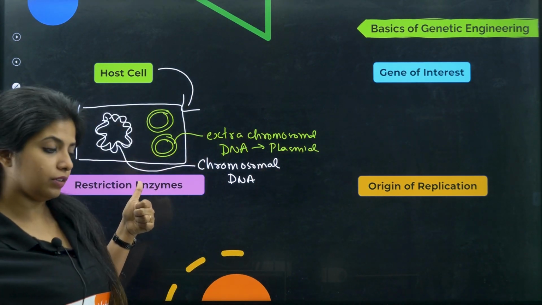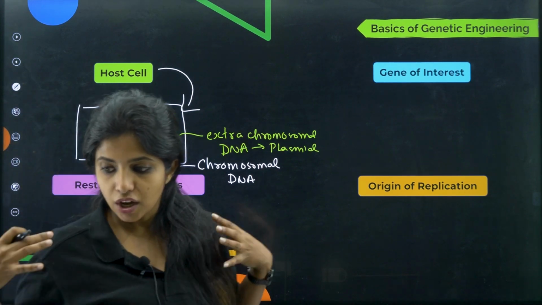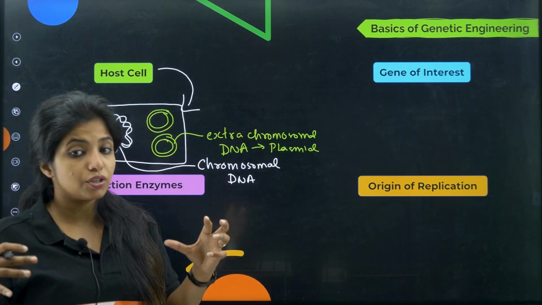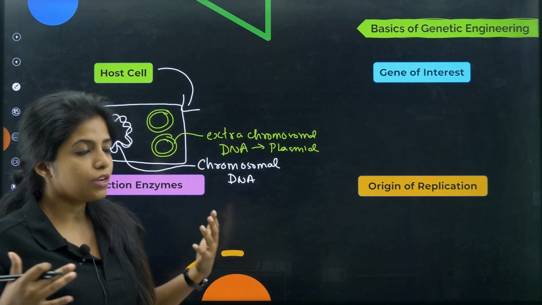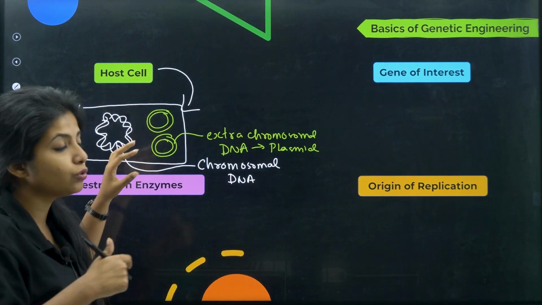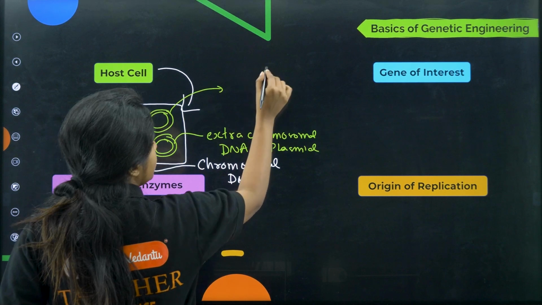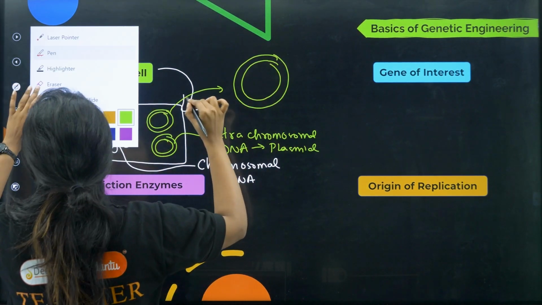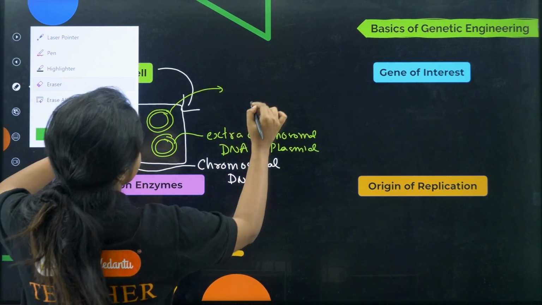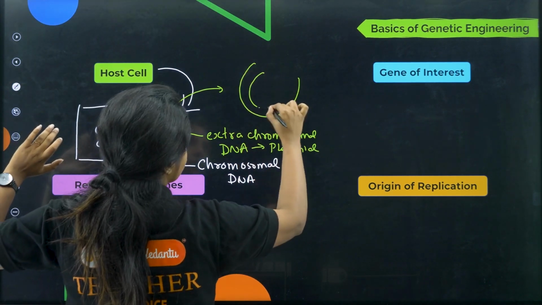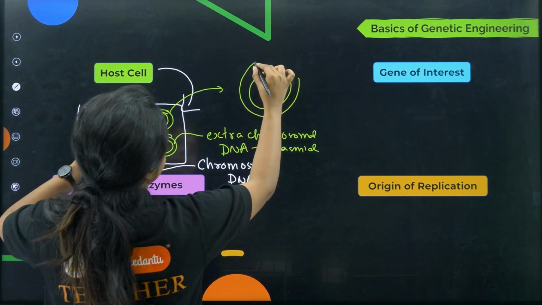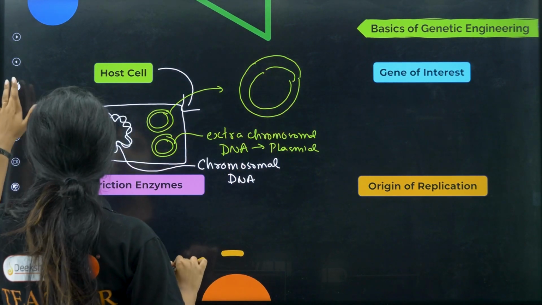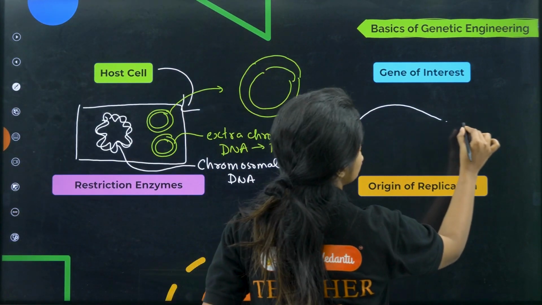Now why do I call this a host cell? For example, if something is hijacked, we say that these are our hosts. Host means basically I am going to use their machinery for something else, for my benefit. So this is the host, and I am going to use it by taking out their plasmid, that is the DNA, and put my gene of interest.